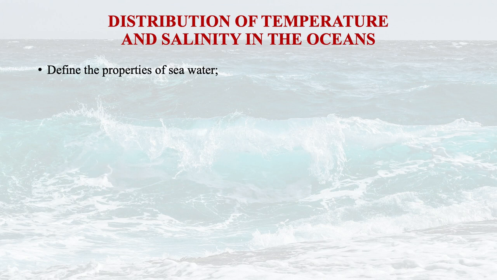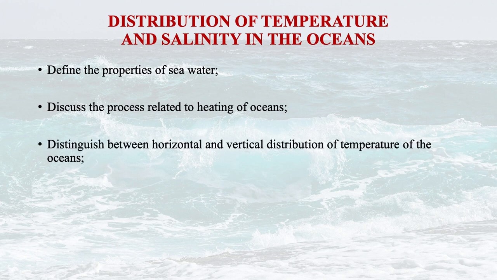You can discuss the processes related to the heating of the oceans, and then you can distinguish between the horizontal and vertical distribution of temperature in the oceans, and you can define salinity and describe the salinity of different oceans.